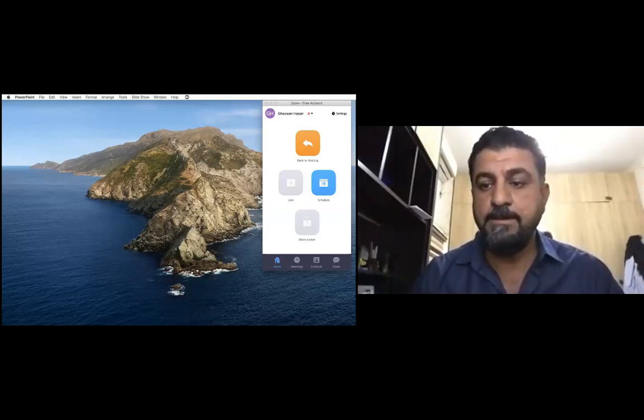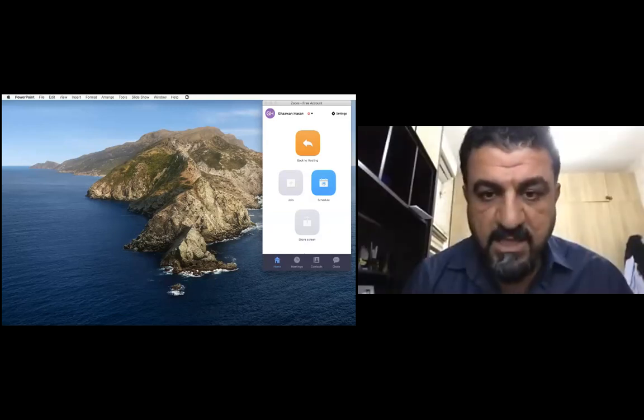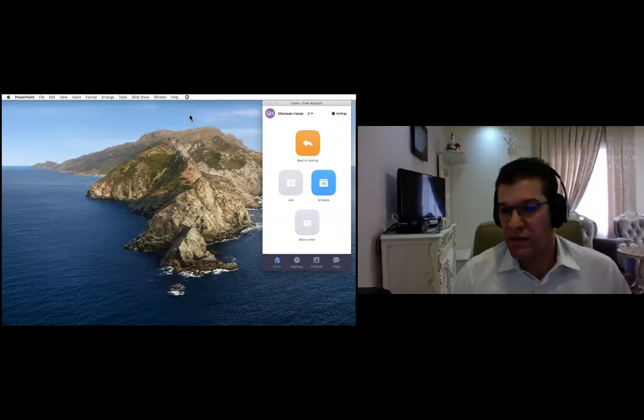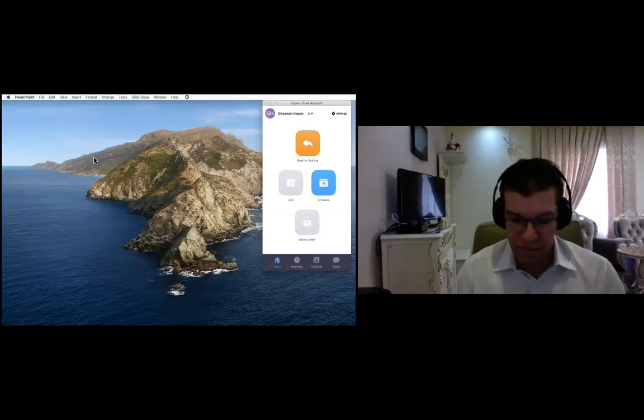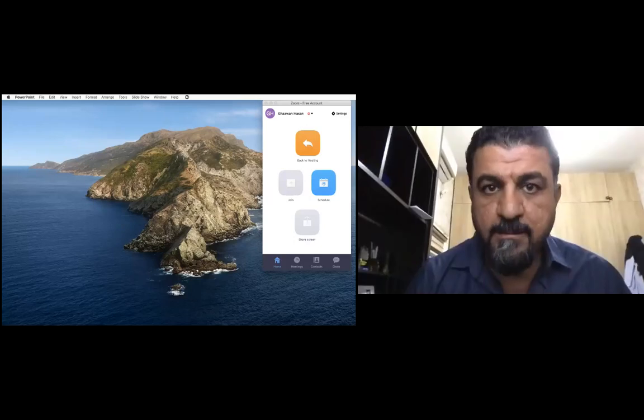Ghazwan, we cannot see the CT. We can only see the screen, the beautiful picture on the screen. The slide or not? We cannot see the slide. Now it's okay?